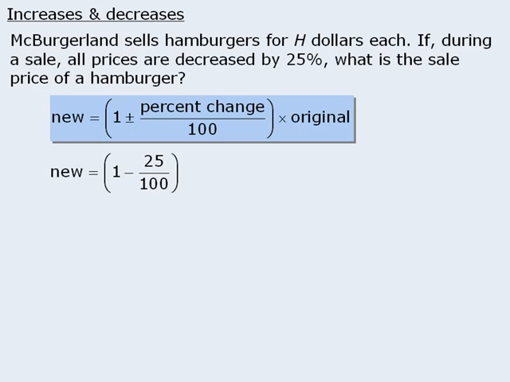Now since we are told that the original price was $8, we will add this to our formula as well. From here we can convert 25 over 100 to the decimal 0.25, and when we simplify 1 minus 0.25, we get 0.75. So the new sale price of each hamburger is equal to $0.75 dollars.